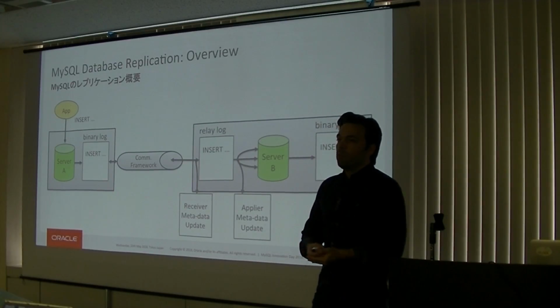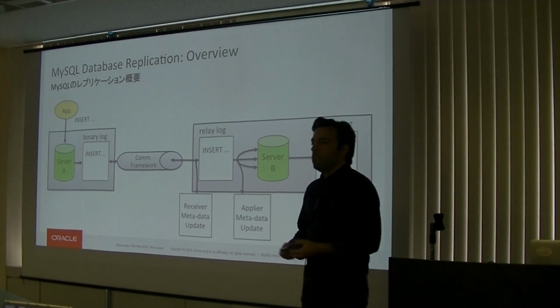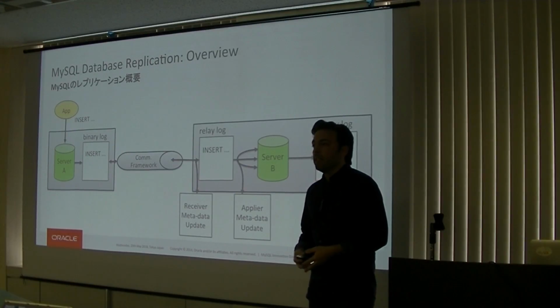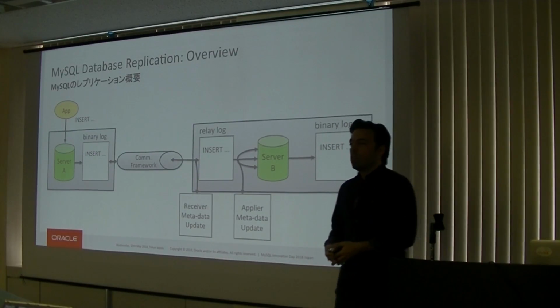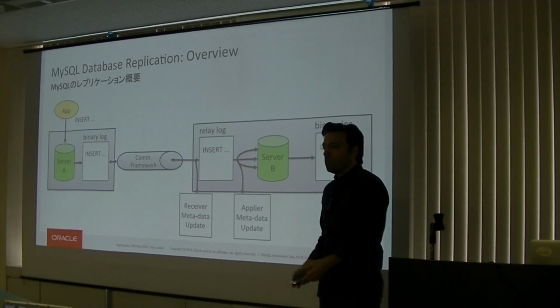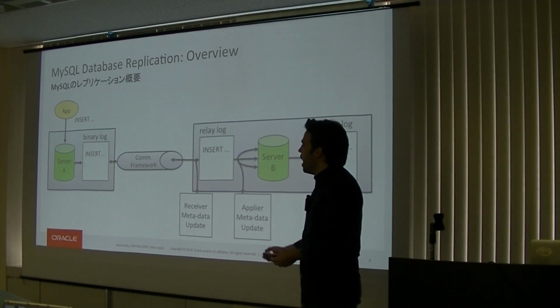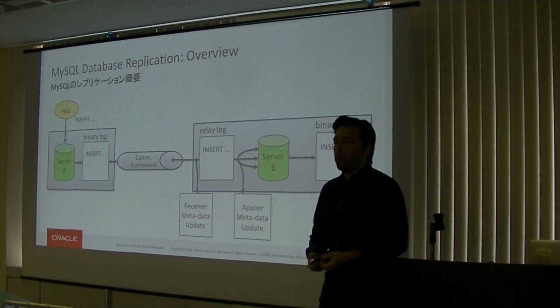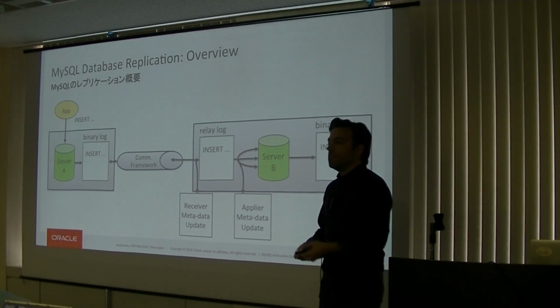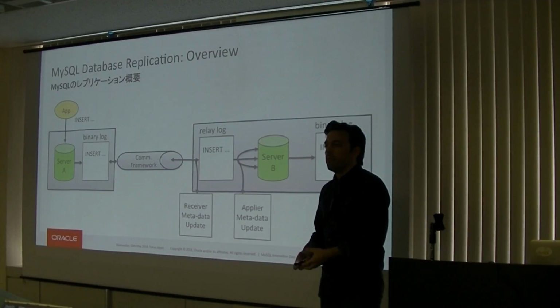And comes 5.7, we introduce this new replication plugin, which lies at the core of InnoDB cluster. We call it the group replication plugin. And the group replication plugin enhances this communication framework by implementing services at this level.